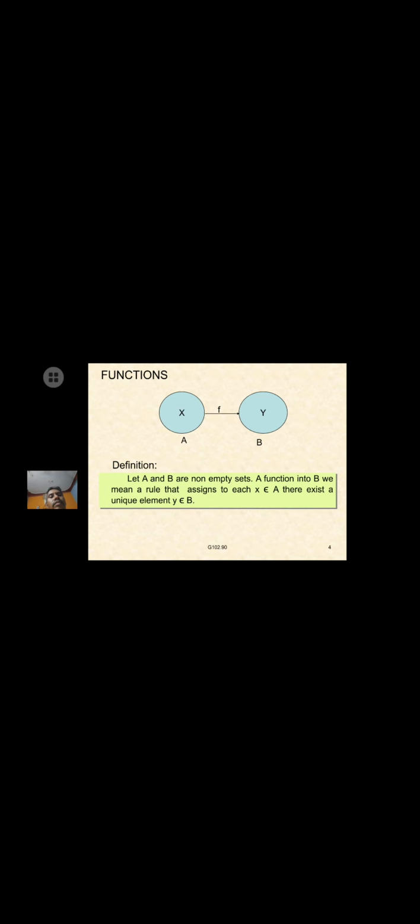Definition: let A and B be non-empty sets.